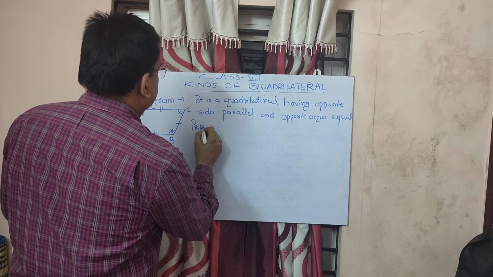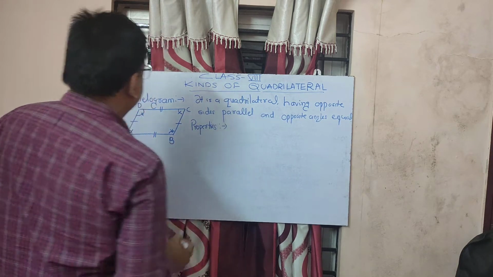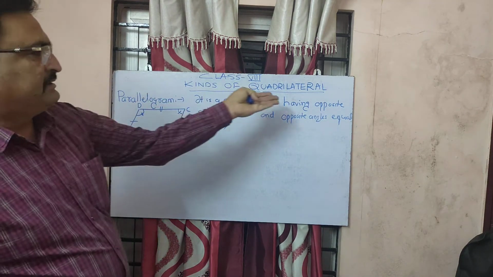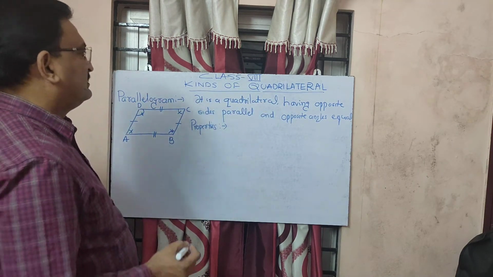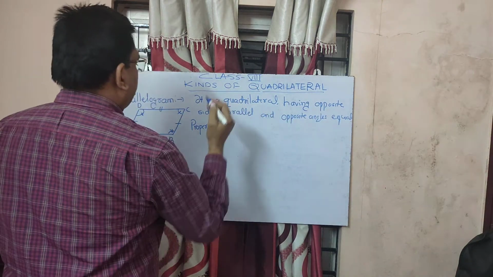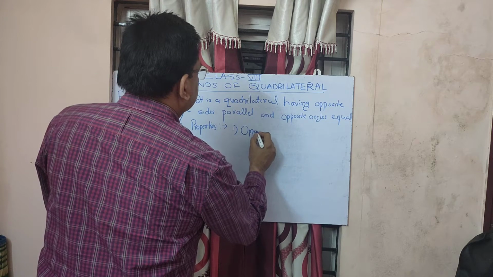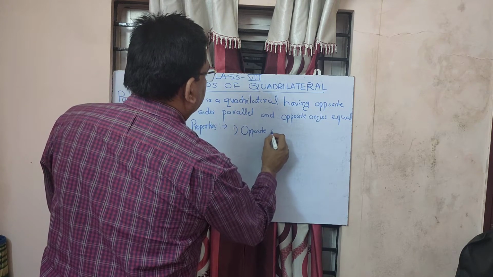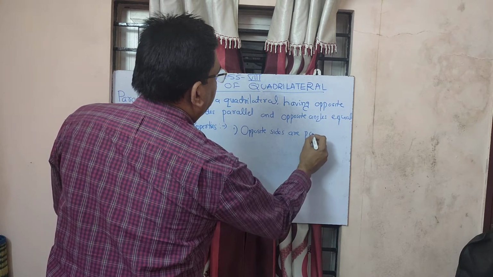Properties. In this definition only we can see the opposite sides are parallel. The first property is opposite sides are parallel.